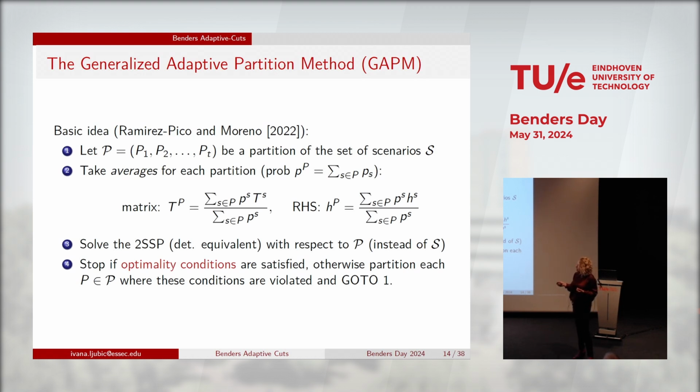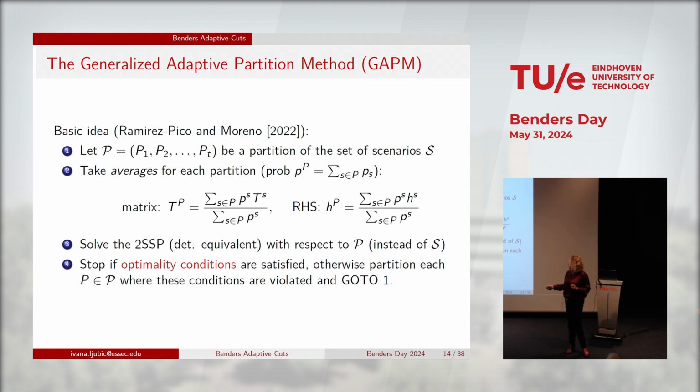So P1 means that's a bunch of scenarios. P2 is another, so it's a classical partition. And then TP is the transportation matrix obtained just by averaging all the coefficients of the scenarios which are inside of that partition. And you do the same for the right-hand side. Okay, so that means we are really treating now the whole problem as if we have T many scenarios instead.